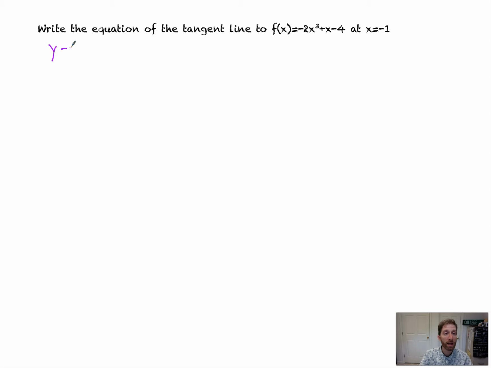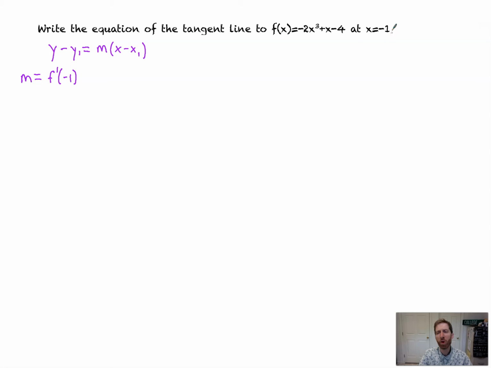So my template is y minus y1 equals m times x minus x1. Meaning I look at this and say this is my end goal of where I want to end up. So now we use it almost like a shopping list and say I need a y1 and an x1 and I need a slope at a point. Let's go after that slope at a point first. So m, which would be my slope at negative 1.